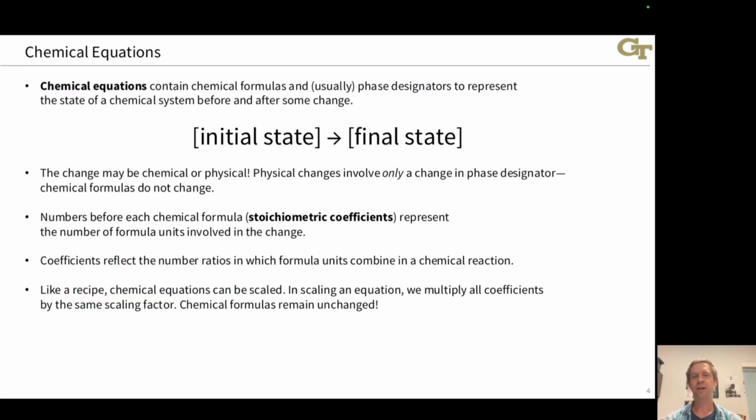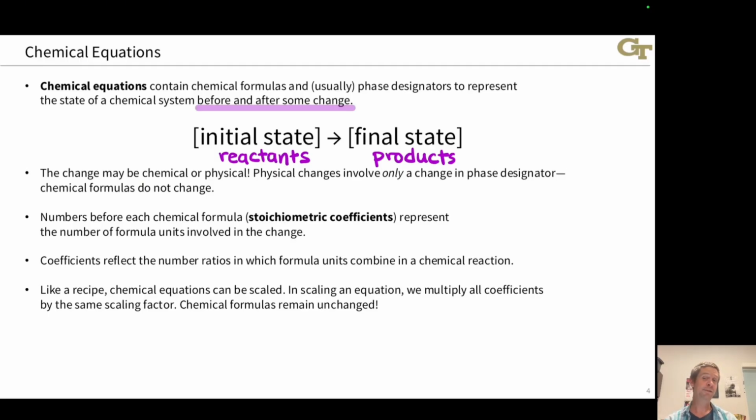We represent changes in chemical substances using chemical equations, and these contain chemical formulas and usually phase designators. I like to use phase designators whenever I can because they help me visualize what's happening in the reaction on the submicroscopic level. And we're representing the state of a chemical system before and after some change. So we'll have some substances on the left side, substances on the right side, and an arrow between them.